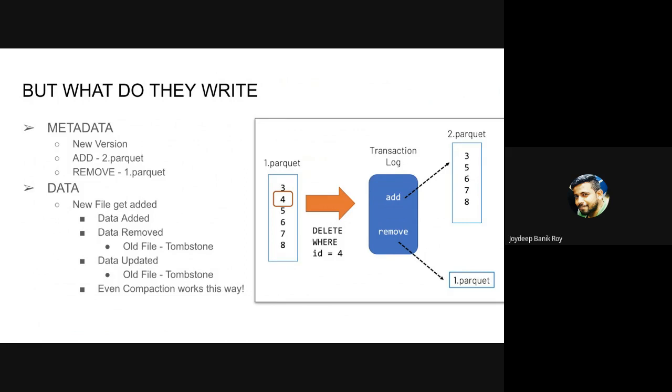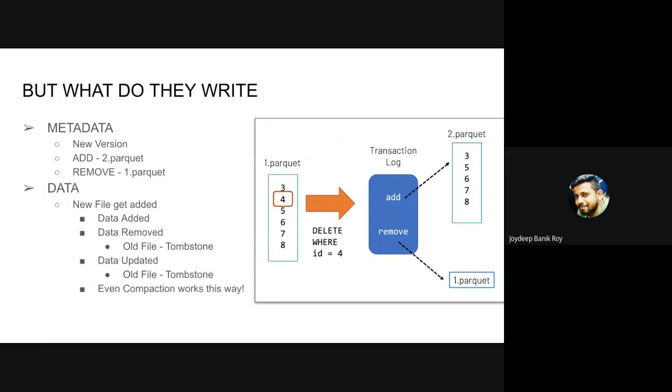Okay, look at this scenario. If you see here on the right hand side, we have this 1.parquet, which houses, I'm just talking about some ID over here. Generally, you'll have a primary key. 3, 4, 5, 6, 7, 8. These are the primary keys, or the IDs that are available.